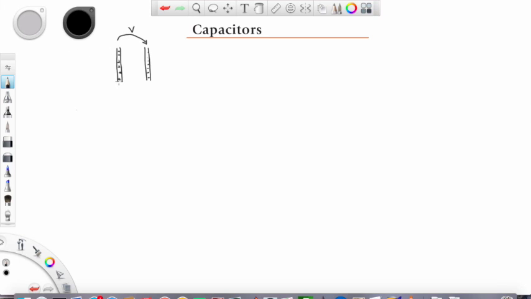If we have charge Q here and charge minus Q here, that's always the case.